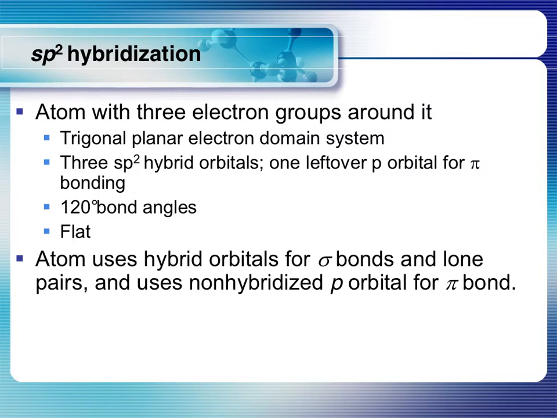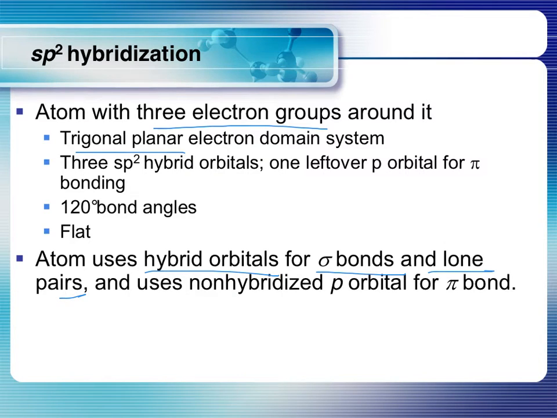All right, so just a word summary of sp2 hybridization. It has 3 electron domains around it, trigonal planar geometry. And as always, the hybrid orbitals are used for sigma bonds or lone pairs of electrons.